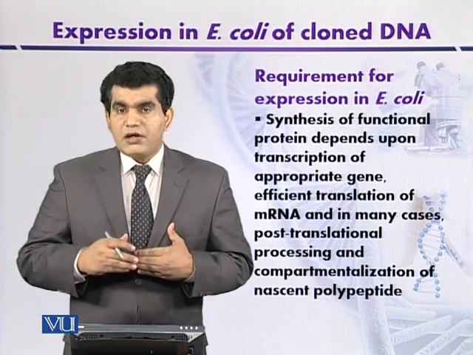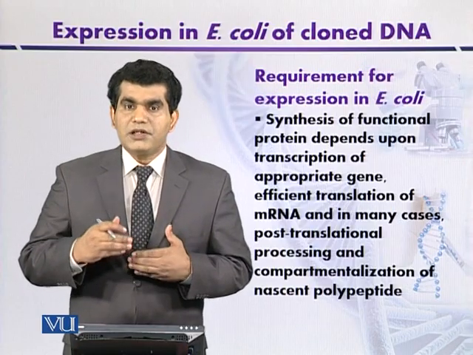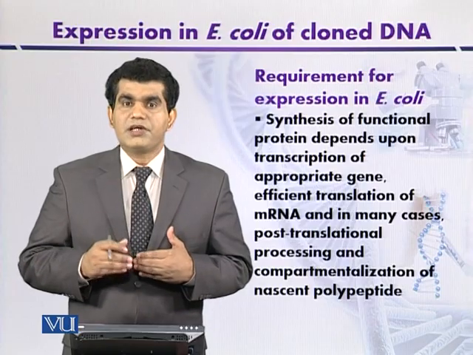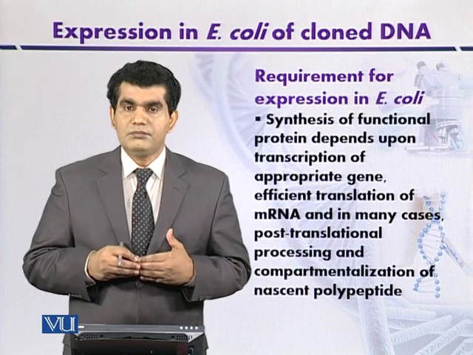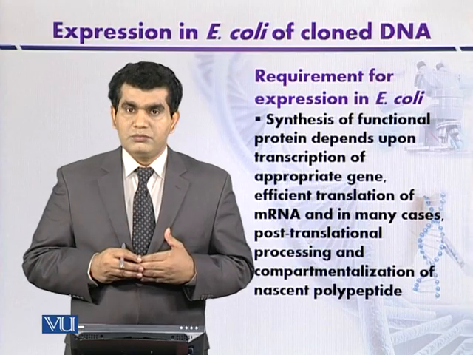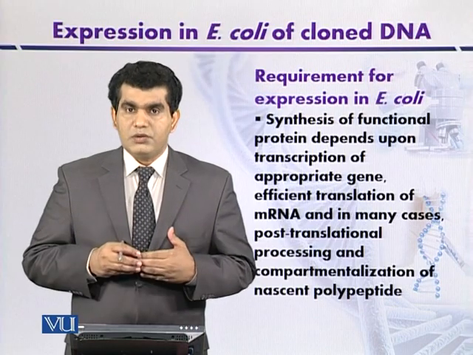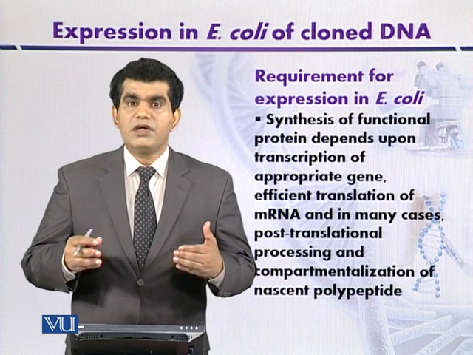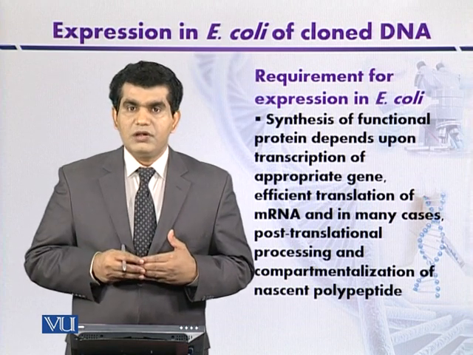Now this Shine-Dalgarno sequence has complementary base pairing with the 3' end of the 16S ribosomal RNA. If we look at the composition of the ribosome, then along with different types of proteins, RNA molecules are also present, and one of the RNA molecules is the 16S ribosomal RNA.